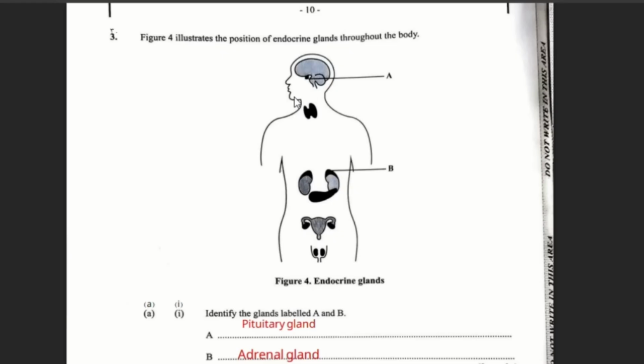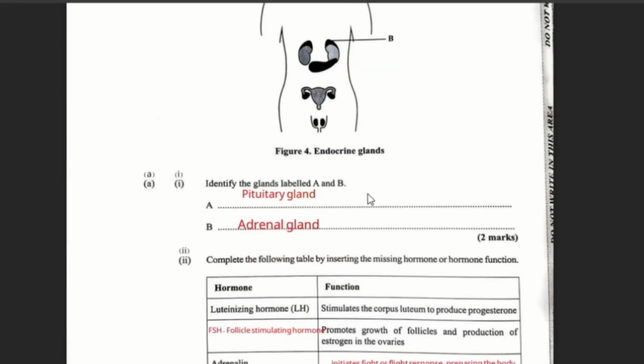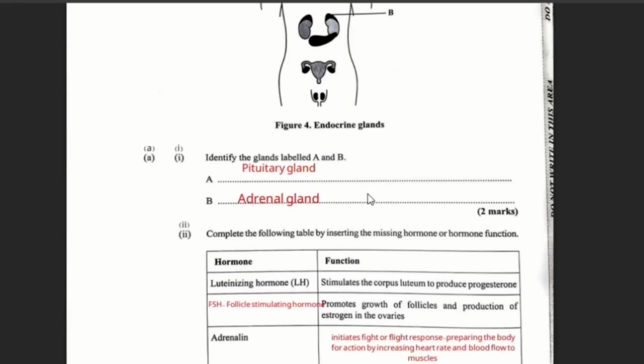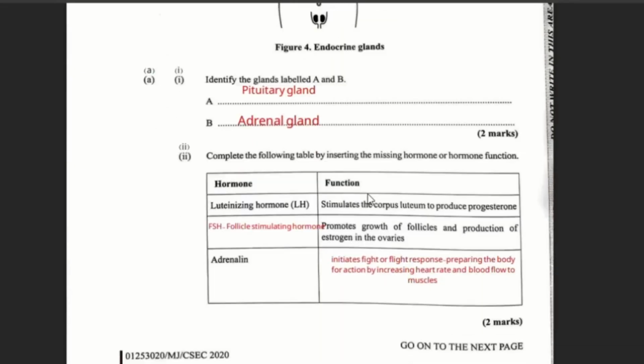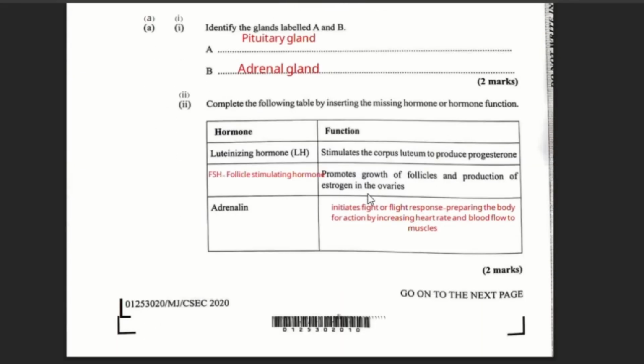And B pointing on top of the kidney, we know that is the adrenal gland. These are probably two of the most common glands that everybody might remember: kidney, adrenaline, and then pituitary, brain. So now complete the table by inserting the missing hormone or hormone function.